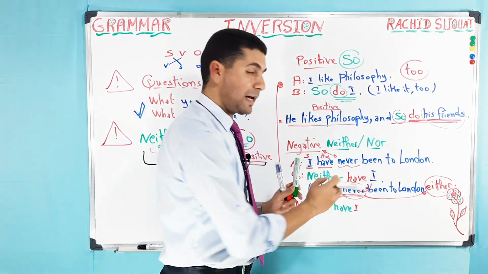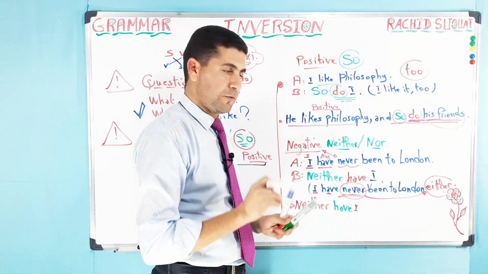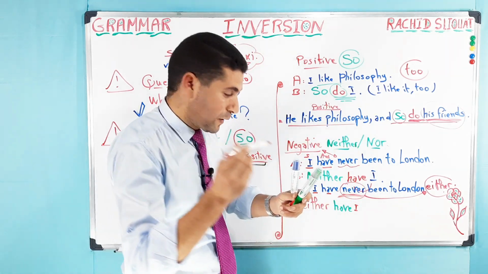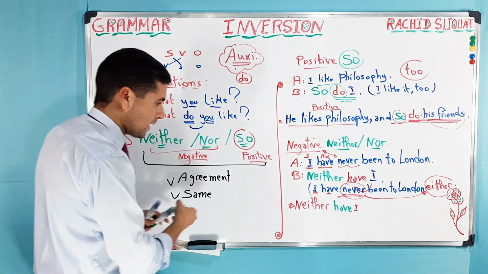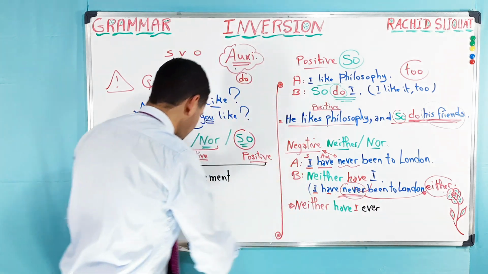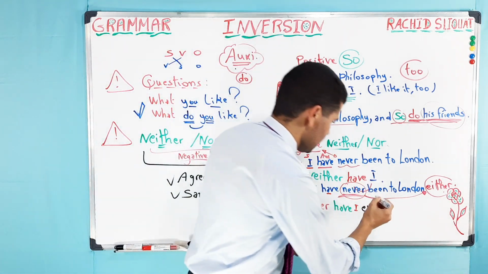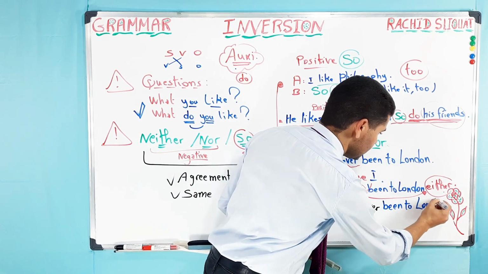If we have a negative adverb, we can substitute it with a positive adverb. Now, what is this positive adverb? It's very simply ever. So we can use ever here. We can say, neither have I ever been to London.